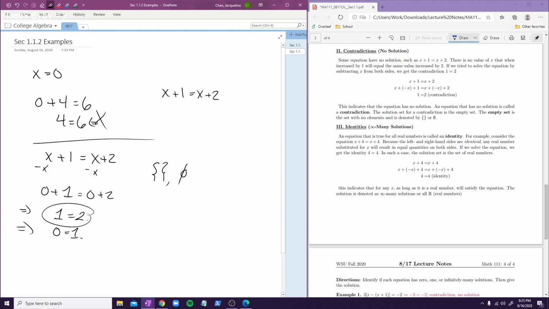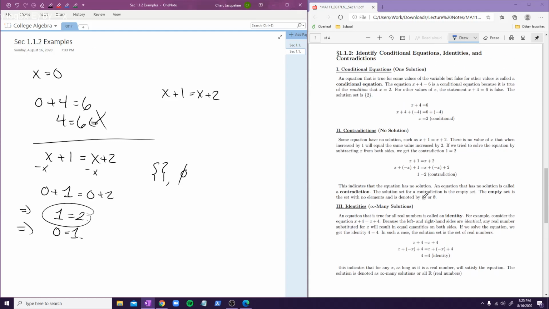If I put x is equal to 0, I get 1 is equal to 2. If I say x is equal to 3, I get 4 is equal to 5. If I say x is equal to negative 1, then 0 is equal to 1. It's never going to work. You could put infinitely many x's in there, and none of them will ever work. And that's what a contradiction is.